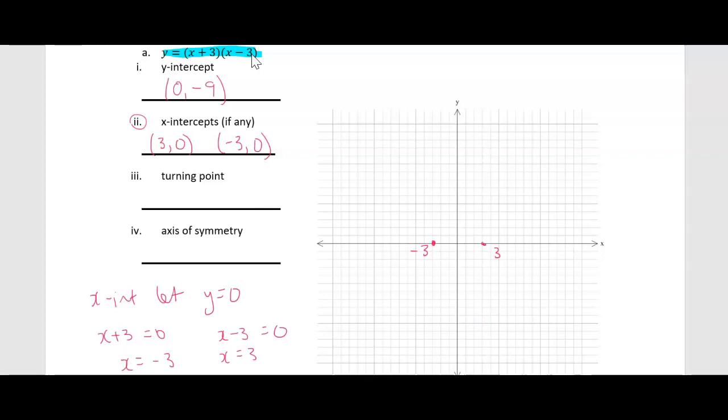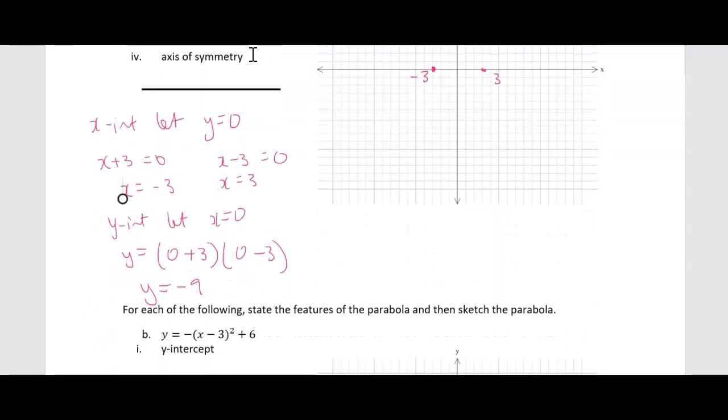If you were doing it with any factorized quadratic, the x coordinate of the turning point is halfway between your x-intercepts because a parabola is symmetrical. So for your turning point, all we do is add our x-intercepts together, so 3 plus -3 divided by 2, because we want to find the average of the two.